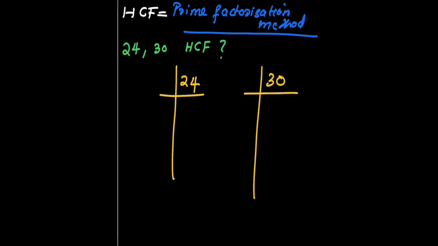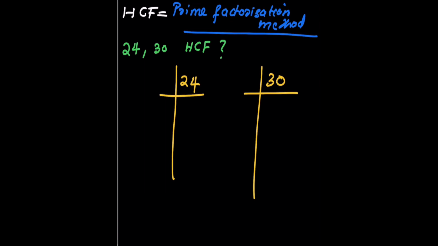Let's do HCF by the prime factorization method. I have listed an example, 24 and 30. Find the HCF of 24 and 30. First, we have to prime factorize 24 and 30, not take common factors.